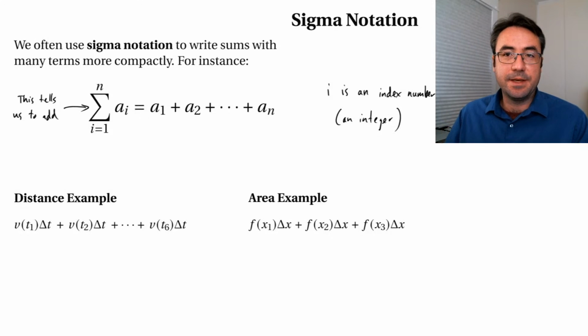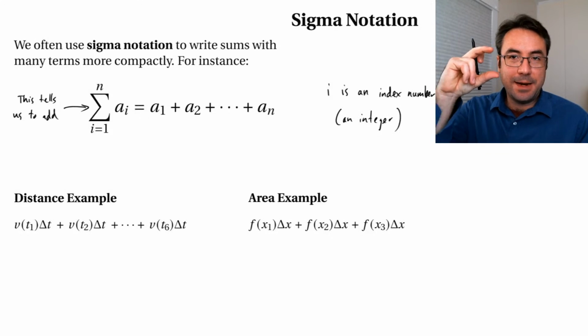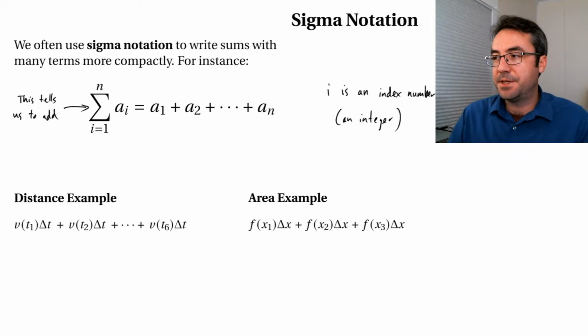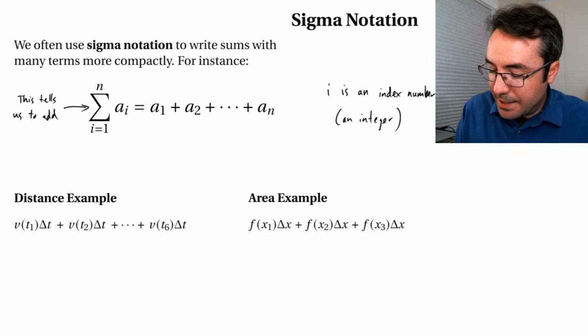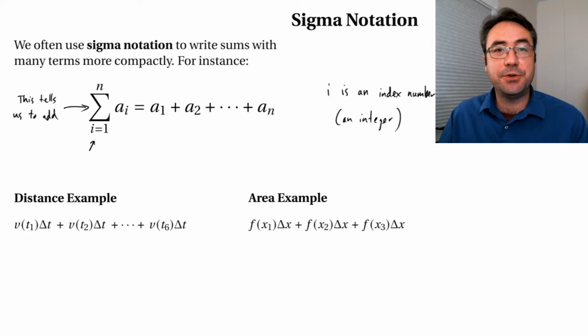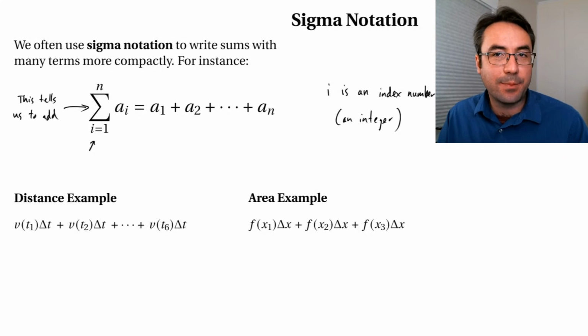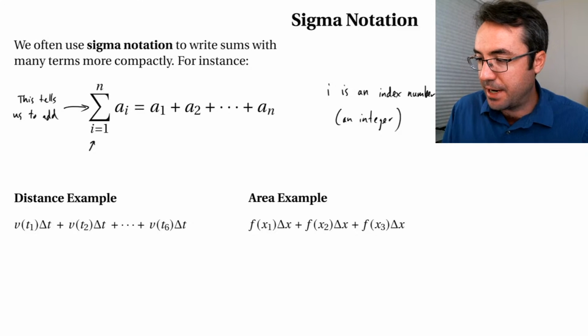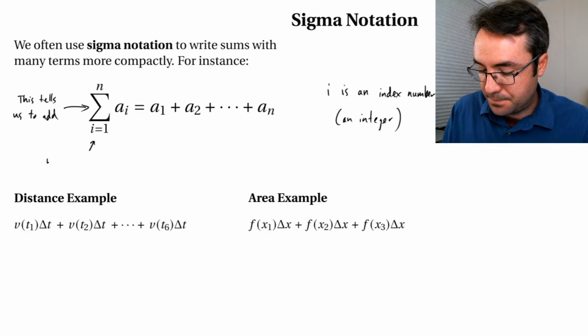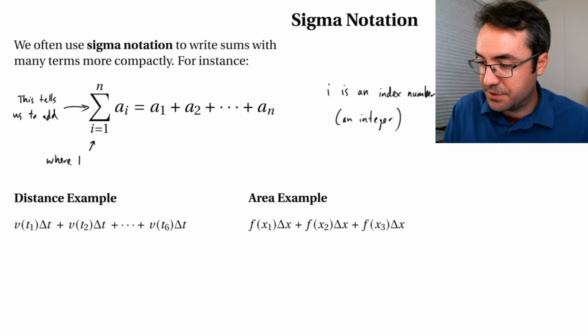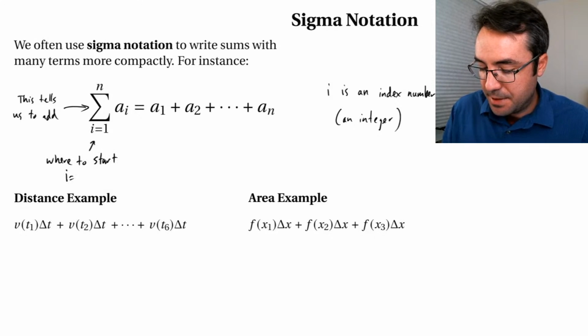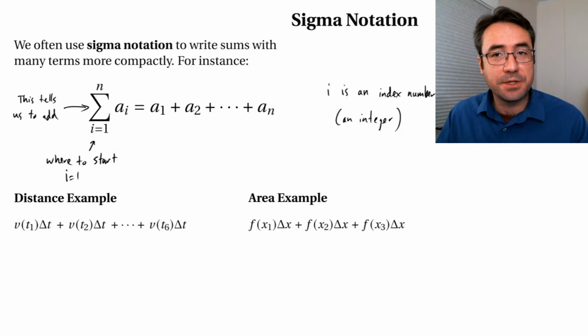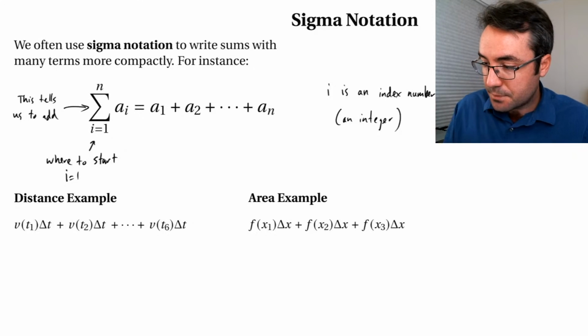And so when we look at the bottom of that sigma, there's this i equals 1, and that tells you what index number we're starting at. So in this case, we're starting at i equals 1. You don't have to start at i equals 1. You might start at something else. In most of the cases we're going to see, we're going to start at i equals 1.